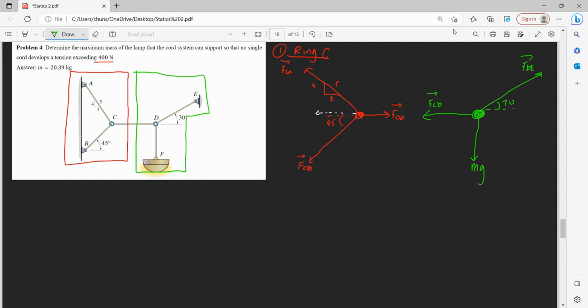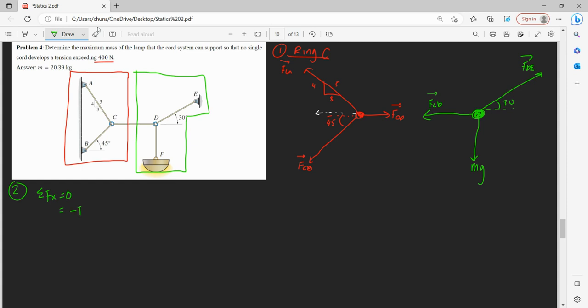And our force of weight, which is just mass times gravitational force. Okay, so actually I'd like to start with our right side free body diagram first. So let's make our equilibrium equations.